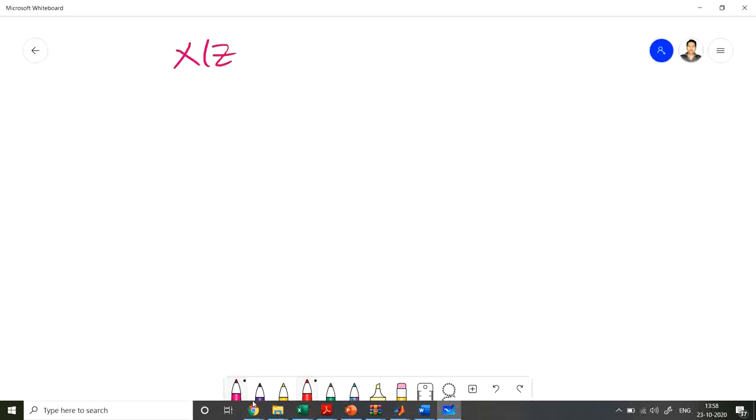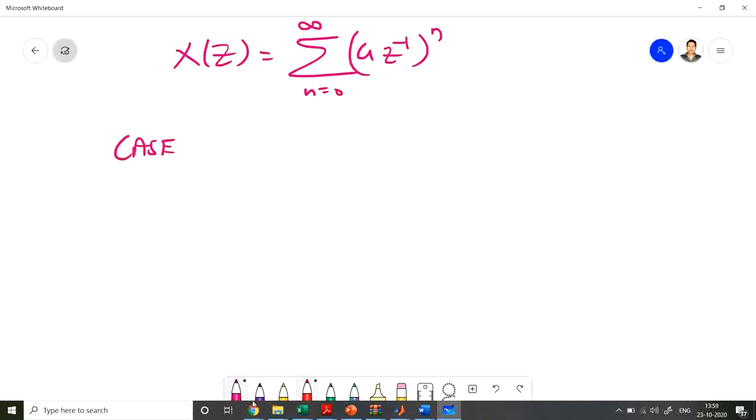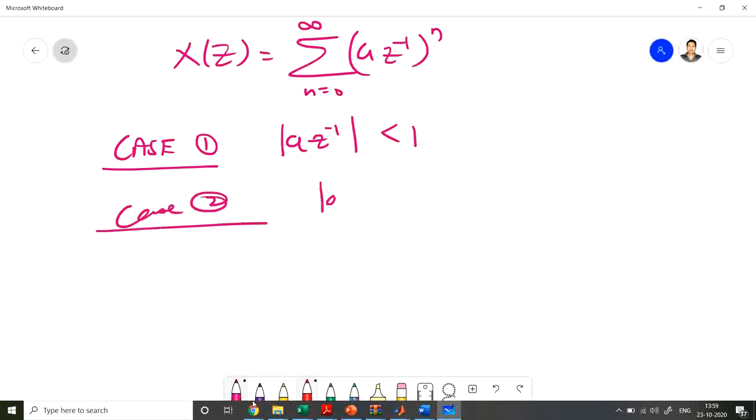So X(z) is the summation from n equals 0 to infinity of (a z inverse) raised to the power n. Now in which case will the series converge? We have two cases. Case 1, the magnitude of this quantity is less than 1, and case 2, the magnitude of this quantity is greater than 1.